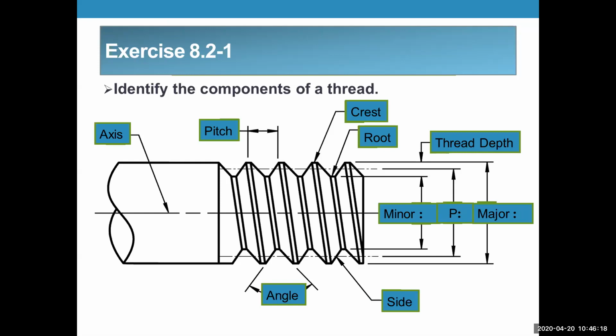That varies depending on the style of thread. When you look at not an acme, but a straight thread, there's no angle, or the angle between sides is actually 0. They're parallel. It's a square thread. If you look at a square thread, there is no angle. The two sides are parallel.